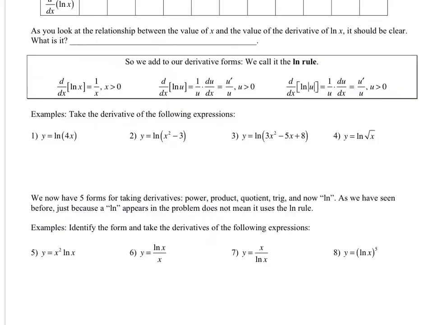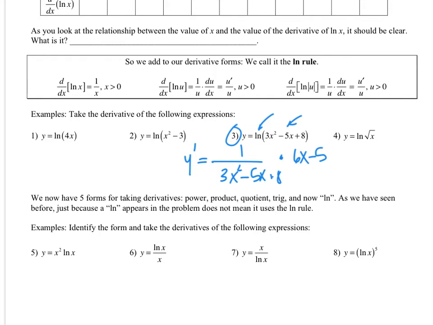Okay, taking a look at the manual, number 3 on page 58. This is an ln of u, and we're taking the derivative. So the derivative of ln u is 1 over u du. So 6x minus 5 is the derivative for number 3, and then we would just put this in the numerator and that in the denominator.